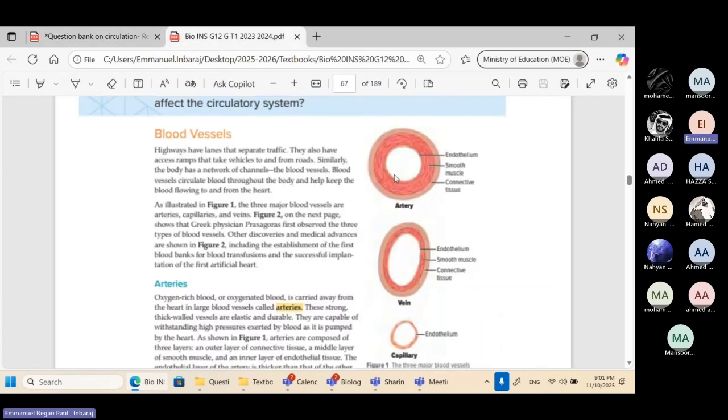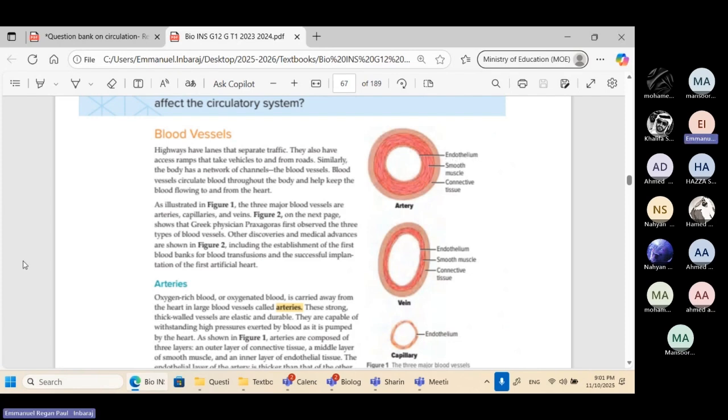What are they? There are three types of blood vessels in your body: artery, vein, and capillary. We studied this. There are almost three layers here. What is the inner layer? Endothelium.